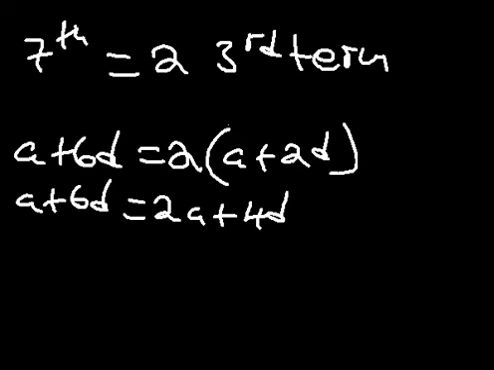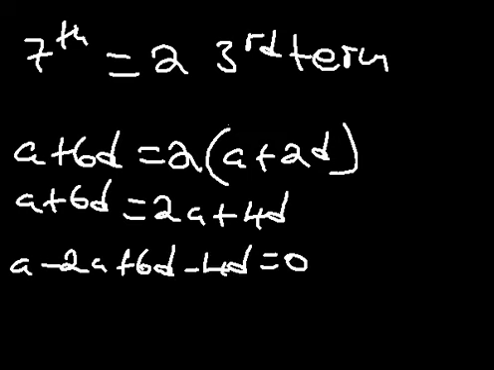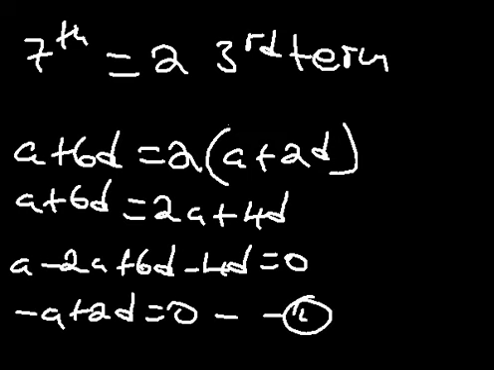Upon having those terms, we'll have a minus 2a plus 6d minus 4d, which is equal to 0. So we have negative a plus 2d, which is equal to 0. That is the first equation.